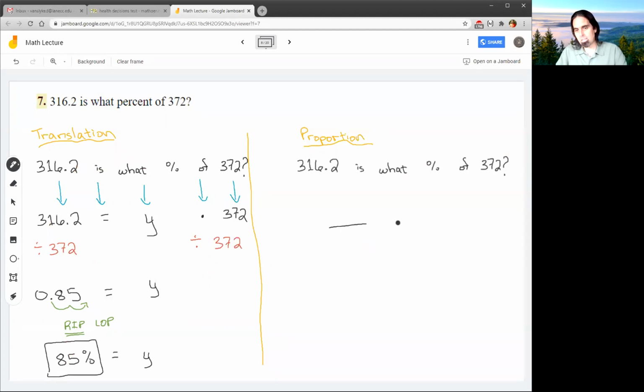If you're a proportion person, this time my percent is the thing I don't know. The thing after the word of is the number 372. And the thing that I haven't used yet, oops, what did I do? Blue? Must be blue. Is the 316.2.